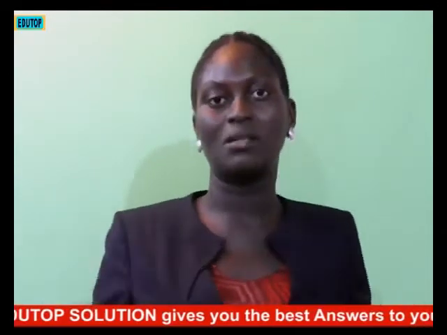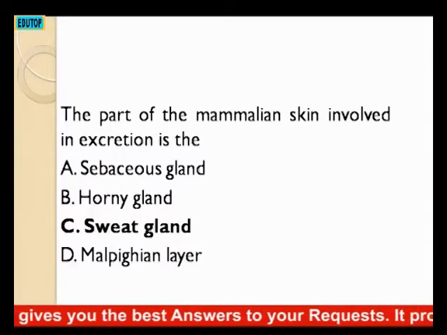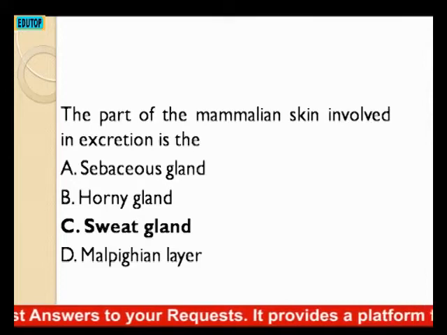But the sweat gland produces sweat, a mixture of water and some salts and other chemicals from the body, excreted through the sweat pores, the holes on your skin. So that is option C. The part of the mammalian skin involved in excretion is the sweat gland.